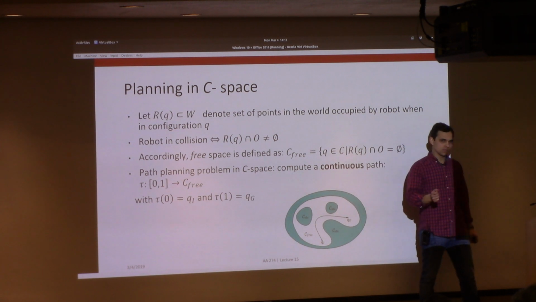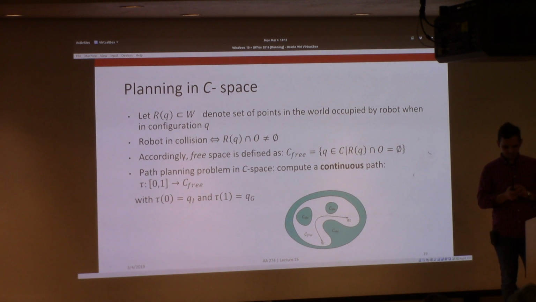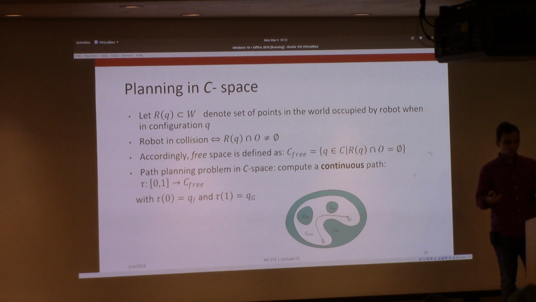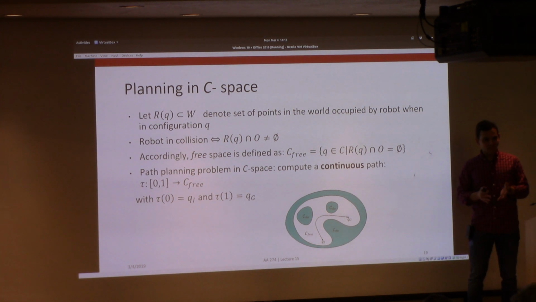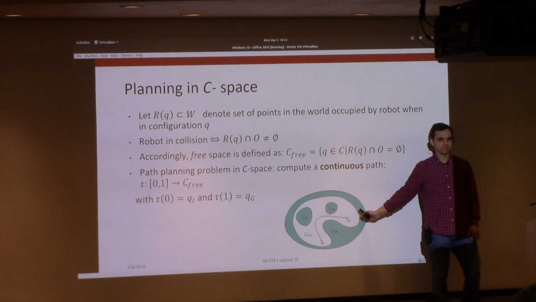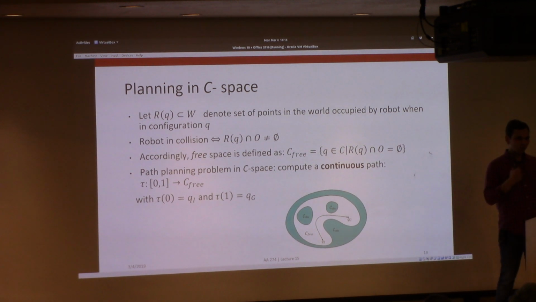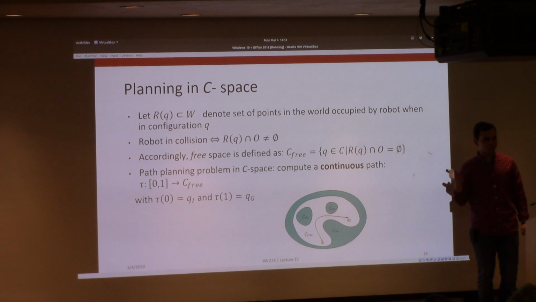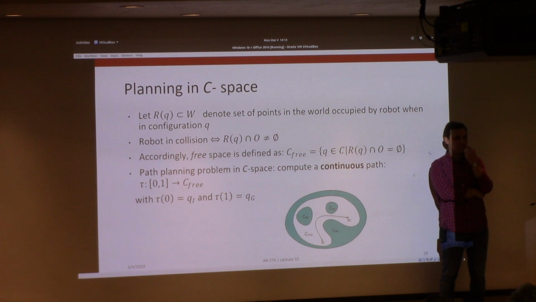And what do we need to find? What do we need to find for our original motion planning problem? A collision-free path for the robot, right? What is the analogy for that in the configuration space perspective? A collision-free path for a robot induces what special type of curve in the configuration space? What do we know about this curve?